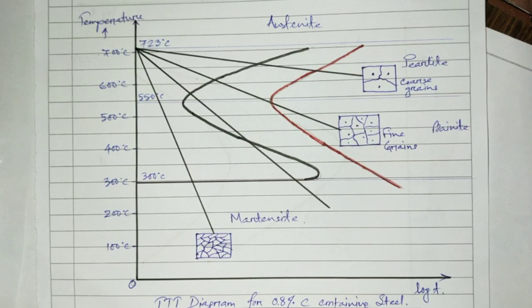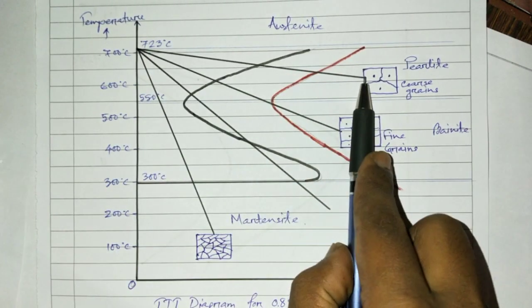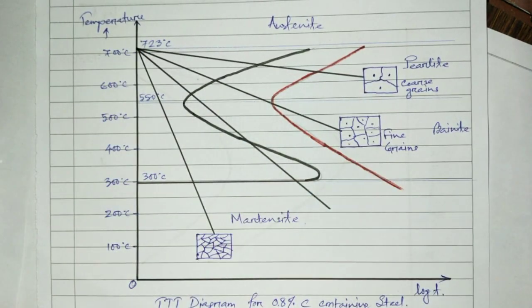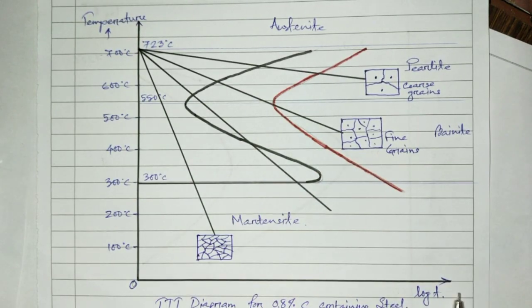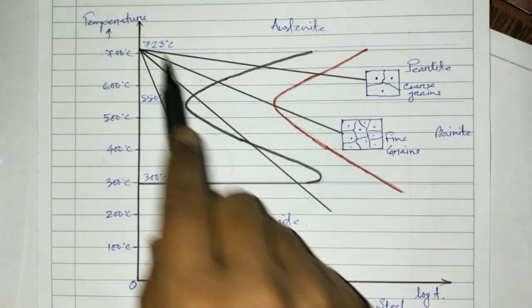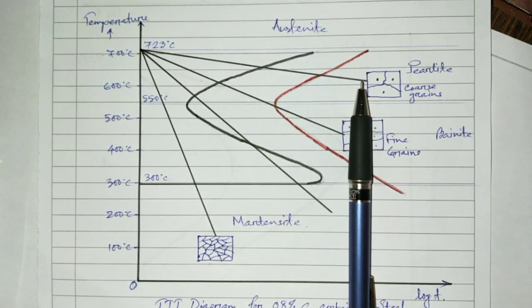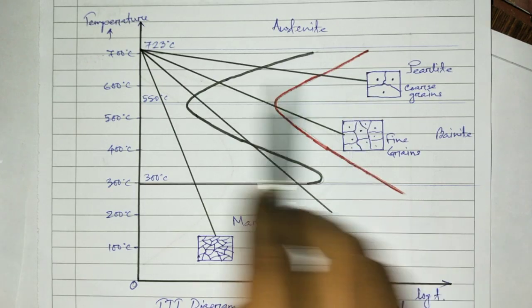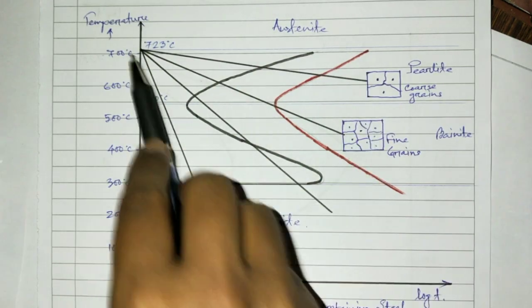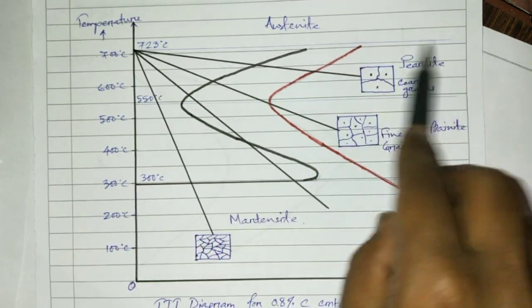If we take the first line, as we go to the right, longer time is taken in comparison to the other line. So longer time is taken for cooling. What does longer time mean? It means a slow cooling rate. During slow cooling of austenite, pearlite formation takes place.